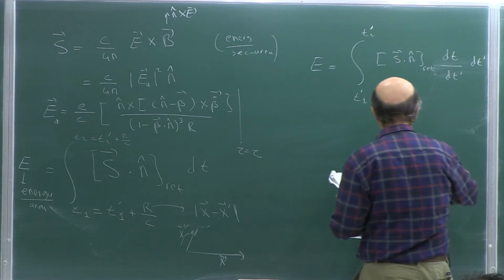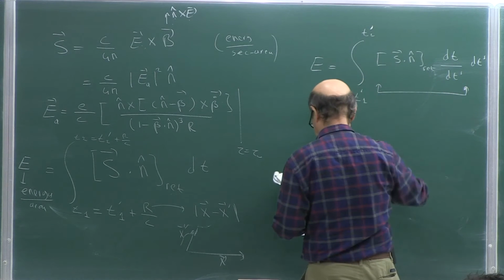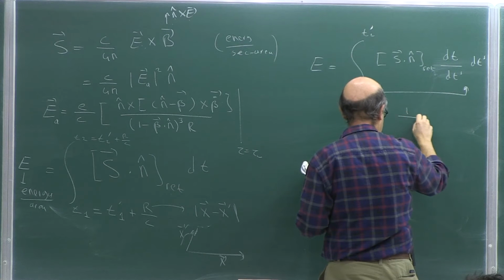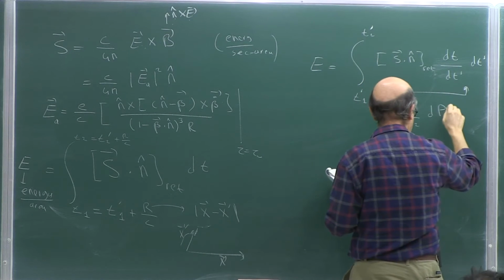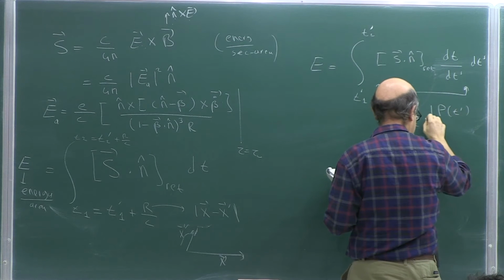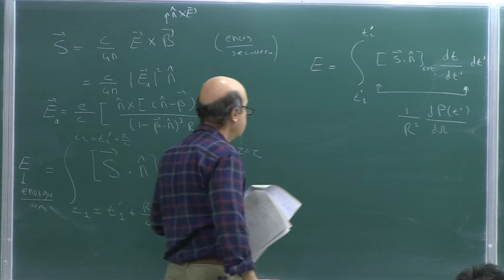Then I can call this whole quantity in the integral 1 over r square, the power emitted at t prime over solid angle.